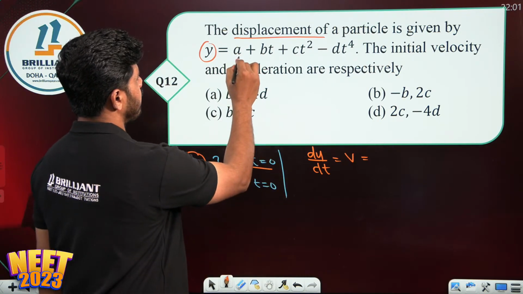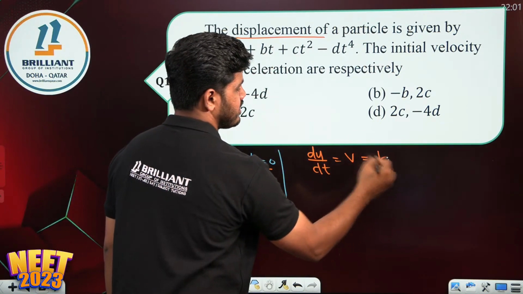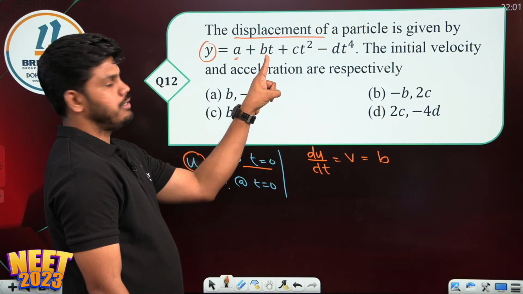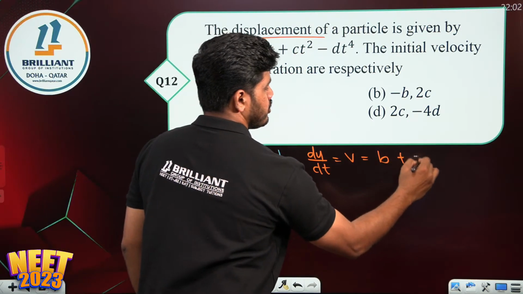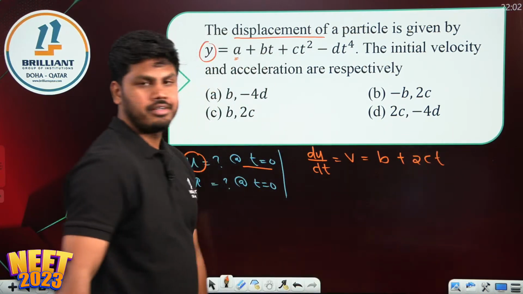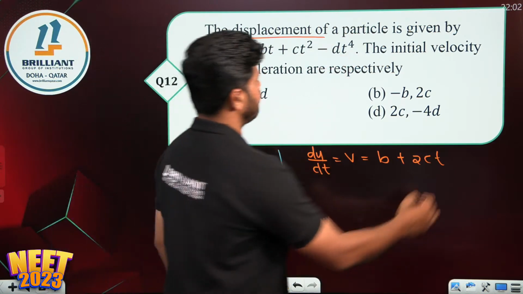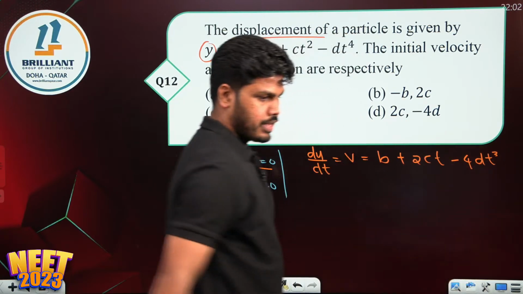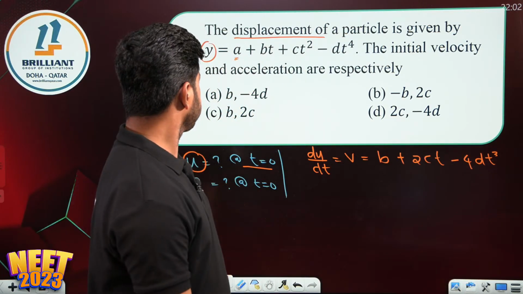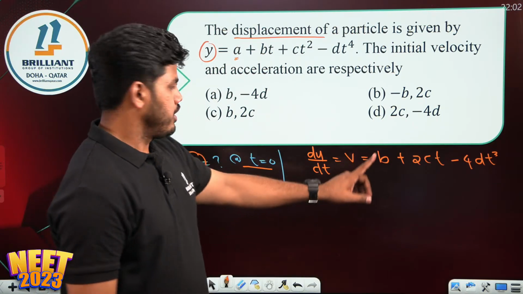The derivative of a is 0, right? So the second term will be just b, since d/dt of t is 1. Here ct^2 becomes 2ct, correct? The last term will be -4dt^3. Yes, Hafiz, you solved it already, right?